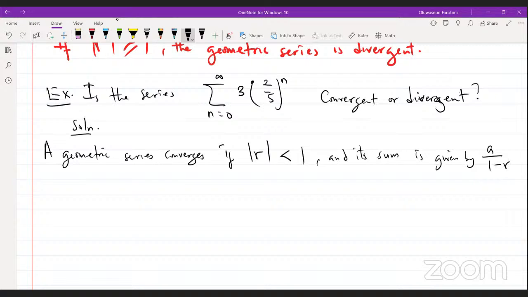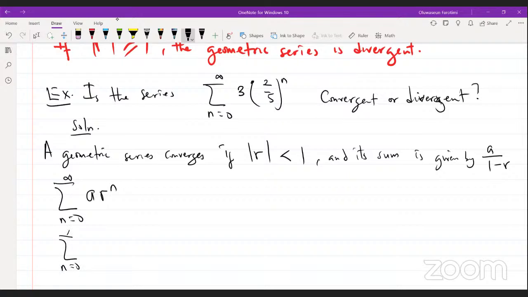Let us see how the geometric series looks. Remember, we had two different forms. Let's write the general form first. When you start from n equals 0, the power on r is just n. But if you start from n equals 1, the power is n minus 1.